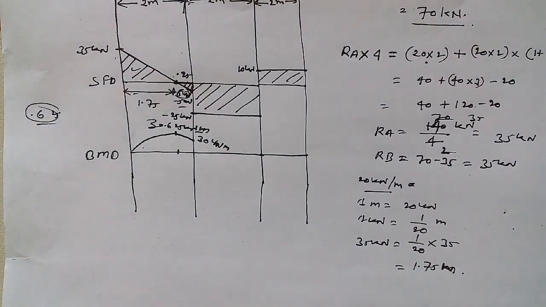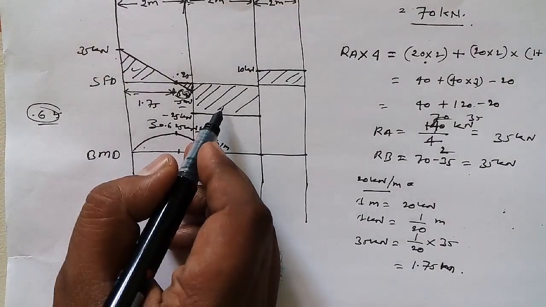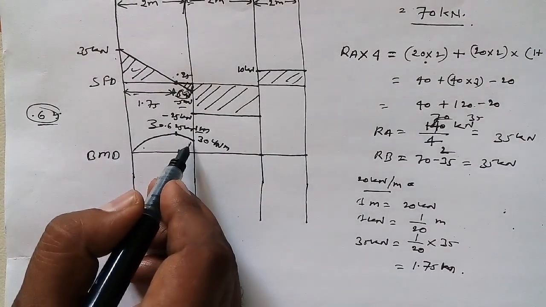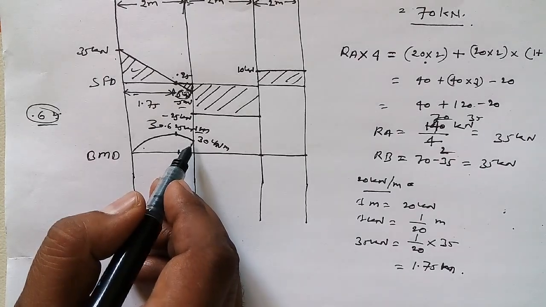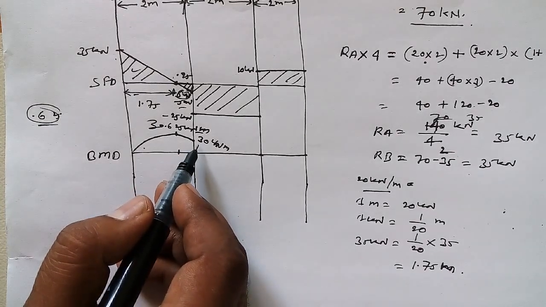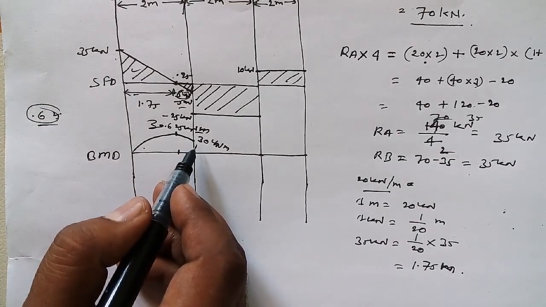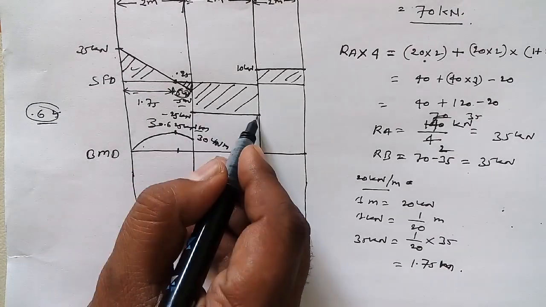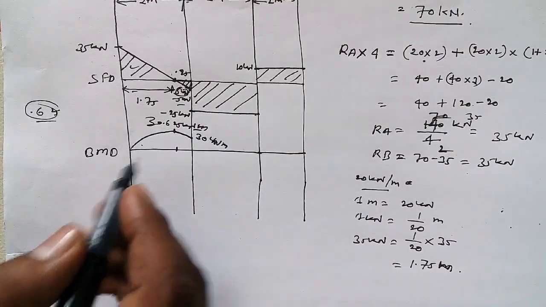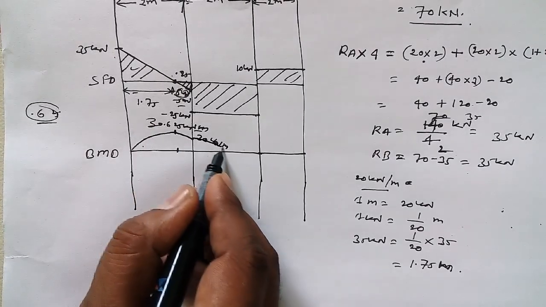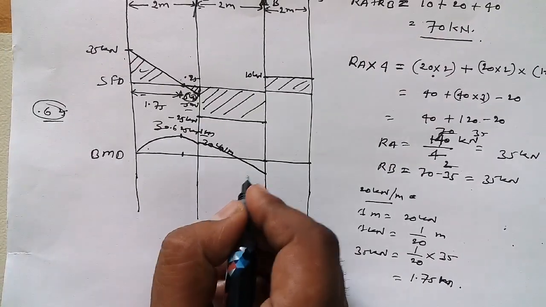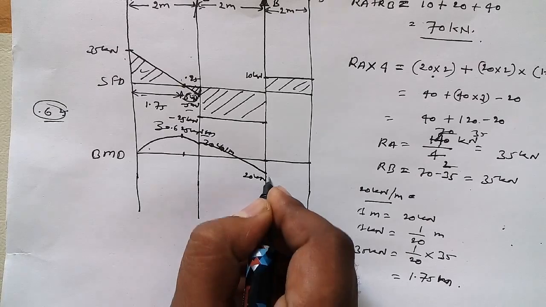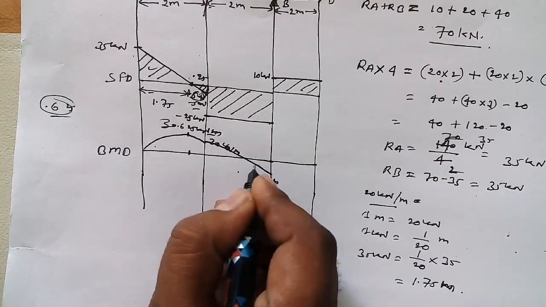Now this is the negative side, and this is the positive side. We have to subtract, and if I subtract minus 30 from positive 30, how much remaining? Minus 20. And because this is a straight line, therefore the bending moment would be linear. So this would be like this. Suppose this is 20 kilonewton meter on the minus side.